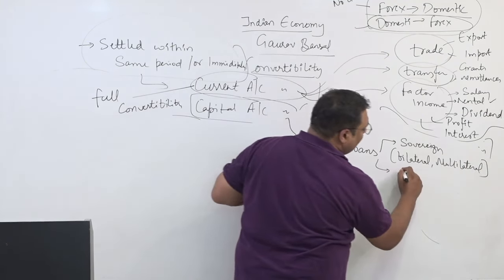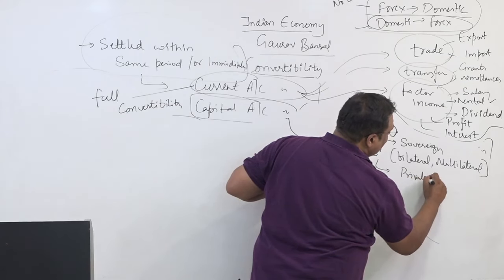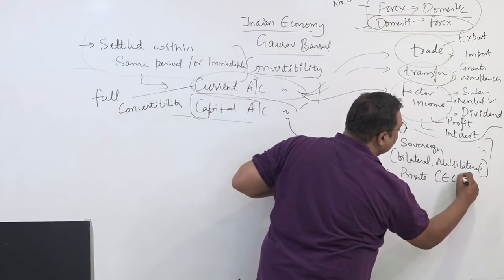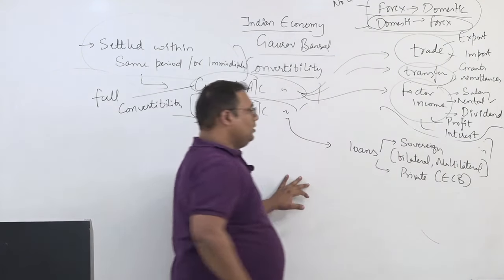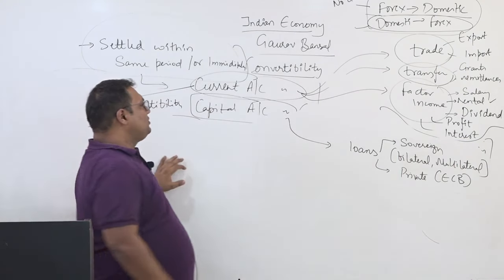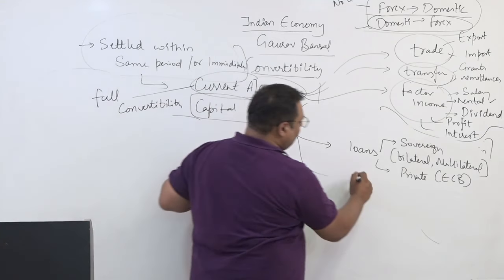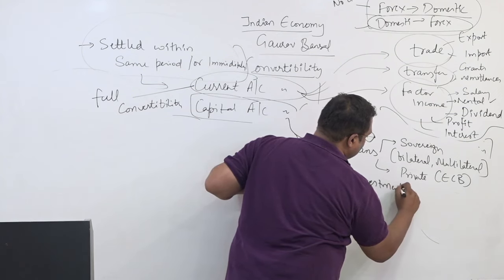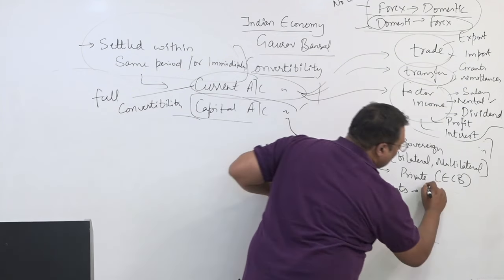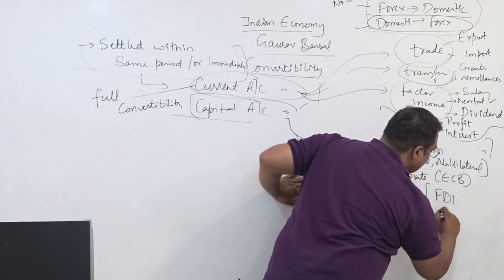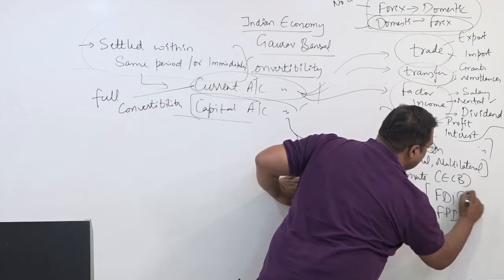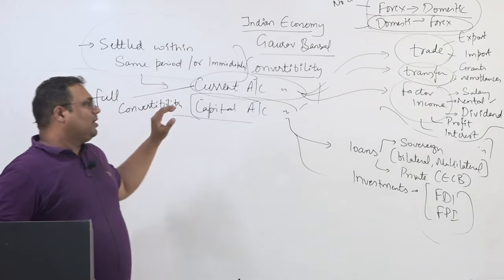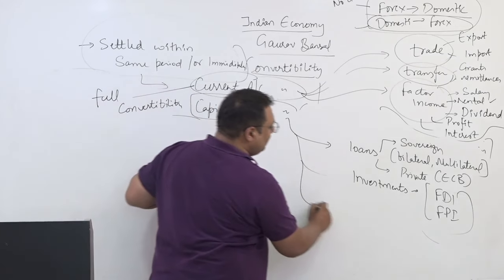There can be private loans, which we call ECB, external commercial borrowing. So, there are loans which are there in capital account, then there are investments. FDI and FPI. These are also in capital account, and then we also have deposits.